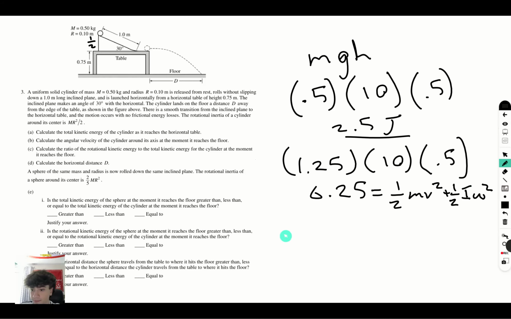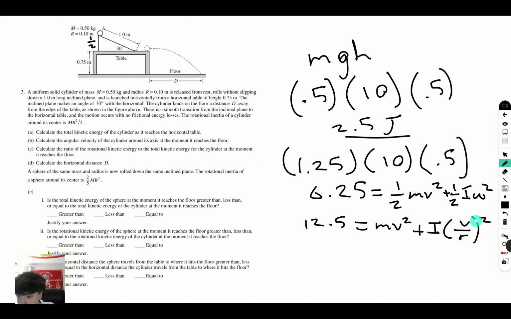So from here, first thing we want to do is put this in terms of v in order to solve this equation. And we can additionally multiply everything by 2 to make this simpler. So we'll get 12.5 is equal to mv squared plus I omega squared. We know that omega is just v over r, squared.